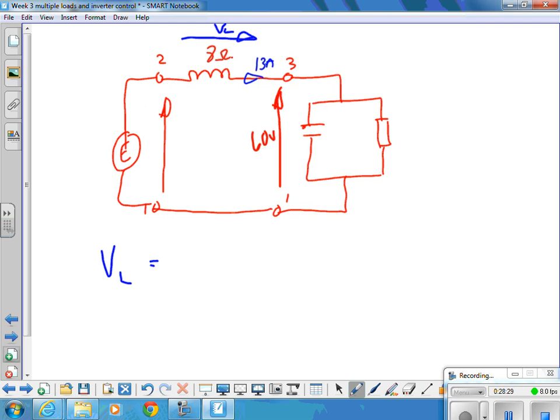VL. How do I calculate that, Daniel? The impedance, it's XL times IT. That is the 8 ohms times the 13 amps equals 104 volts.